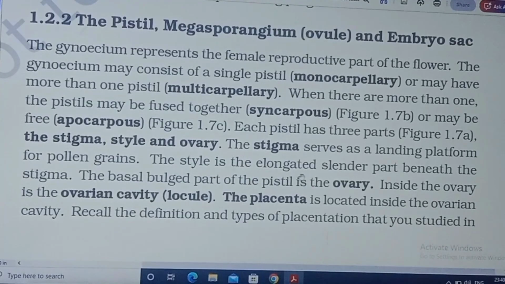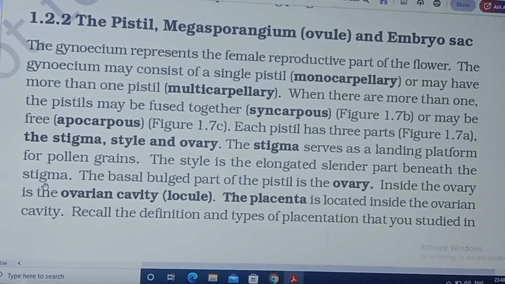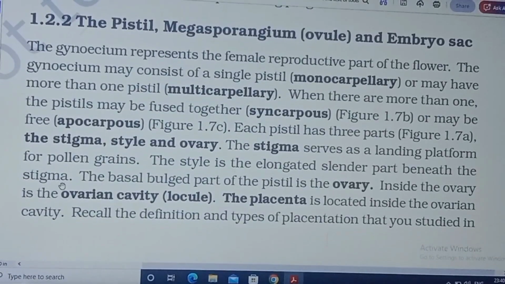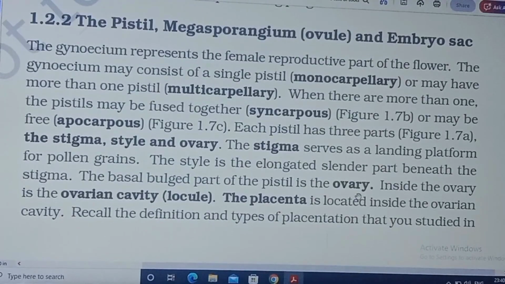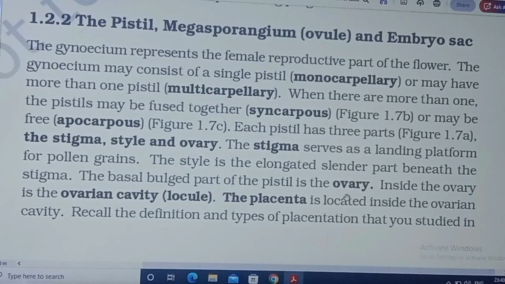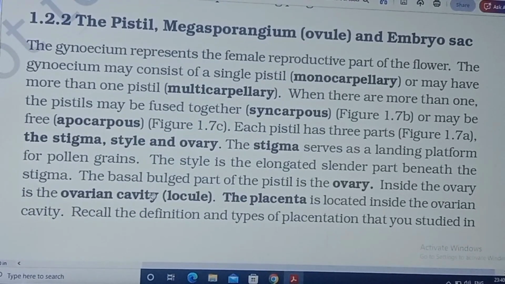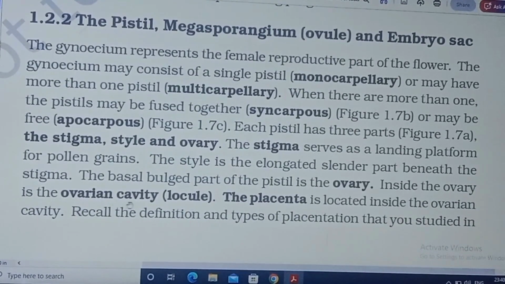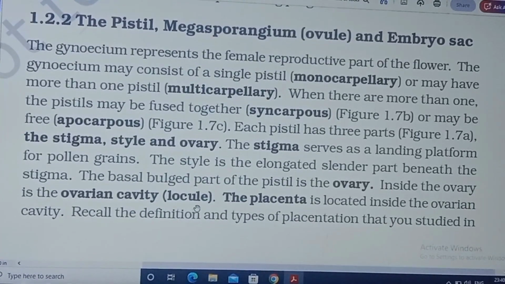The style is the elongated, slender part beneath the stigma. Below the stigma, the style is present. The bulged part of the pistil, present below the style, is called the ovary. Inside the ovary, the ovarian cavity is present, that is called the locule.